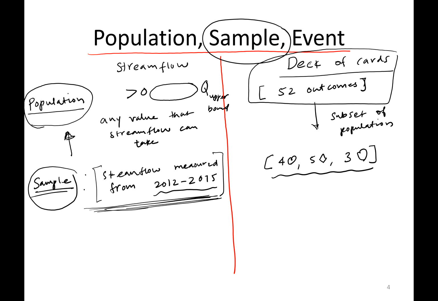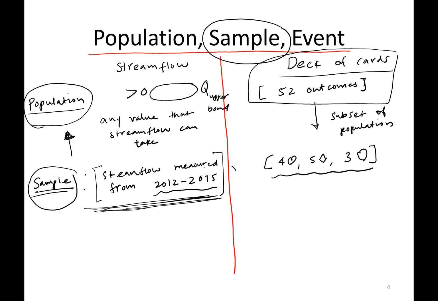And we don't have the population, so we have to make certain assumptions, and we will talk more about that later. So this becomes our sample. Any measurements that you have for a hydrologic variable is basically a sample. It's not the population because it doesn't represent everything that happened at that river at every instant.